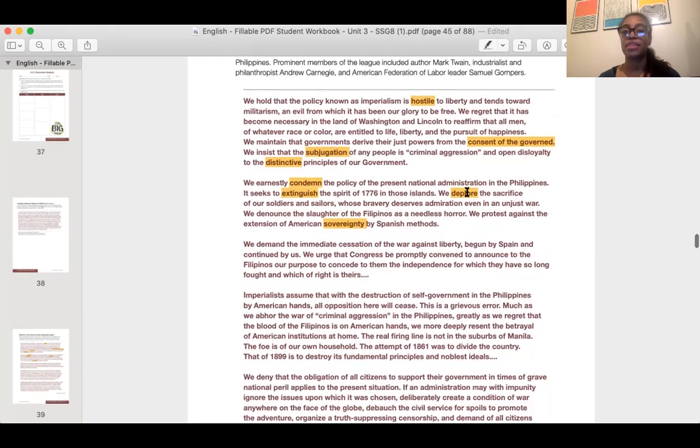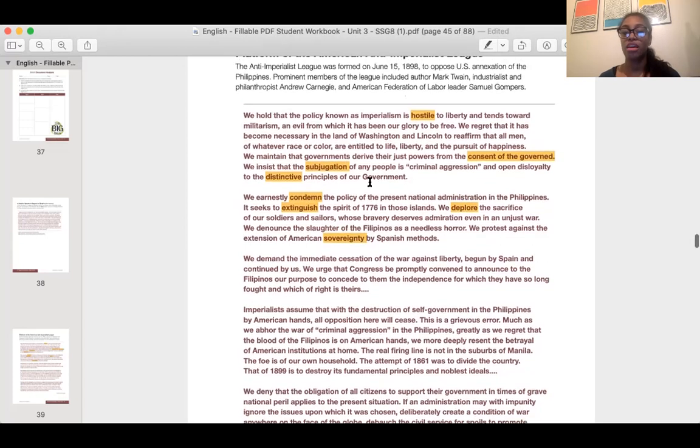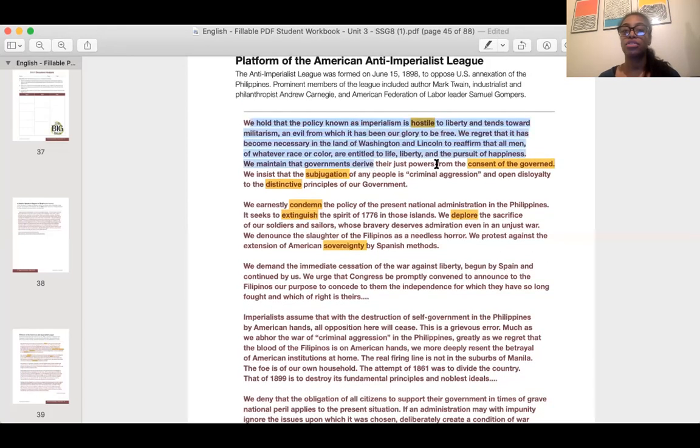Subjugation, condemn, extinguish, deplore, sovereignty. You also want to let the students know that they can find meaning around it, right? Kind of using their context clues, which can help them fill out that see, think, wonder chart, right?